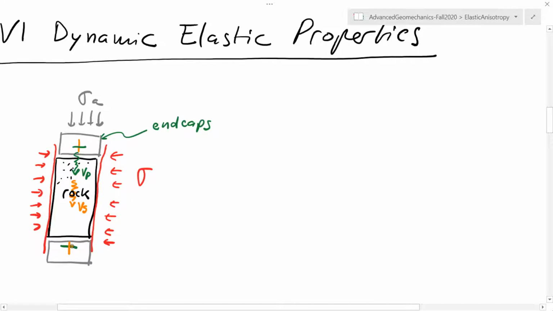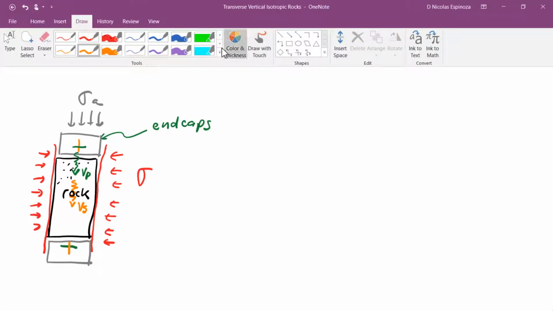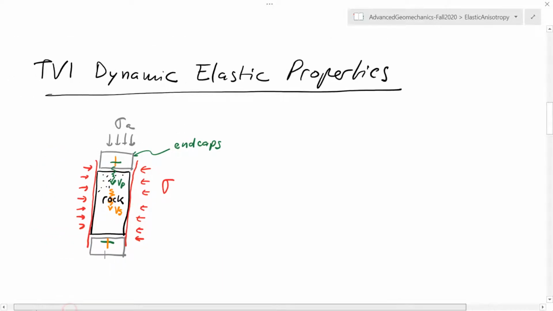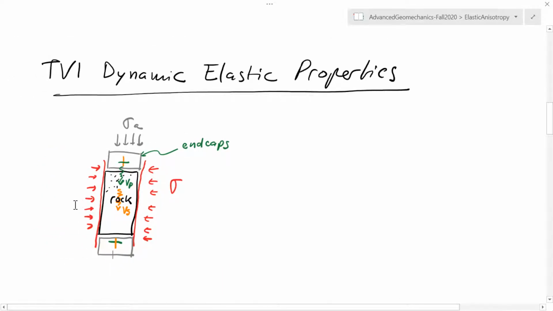This is the conventional method, and this is the easiest method to apply in order to measure wave propagation. Again, we're applying this to a cylindrical sample, and it's going to depend on which sample you use and what is the direction of your rock to interpret what these P waves and shear waves are.